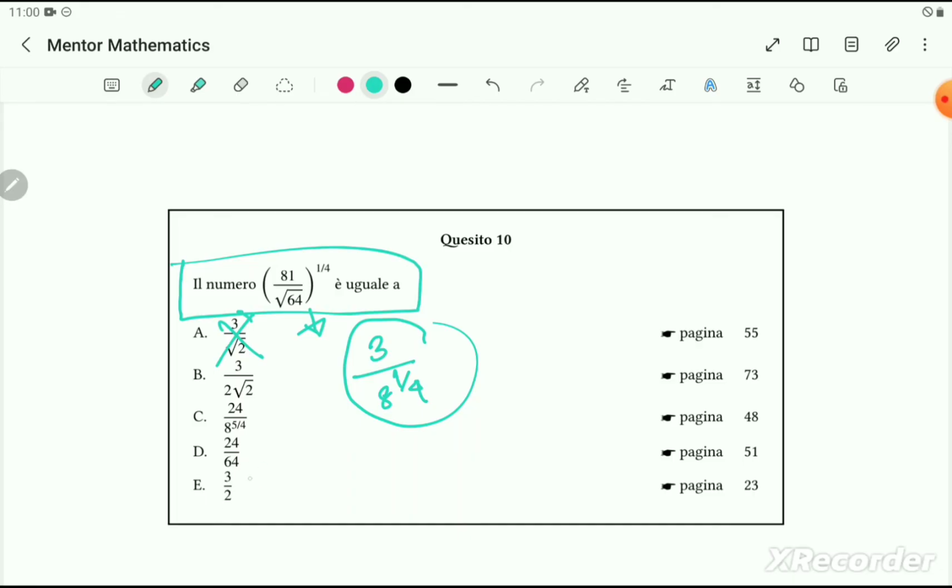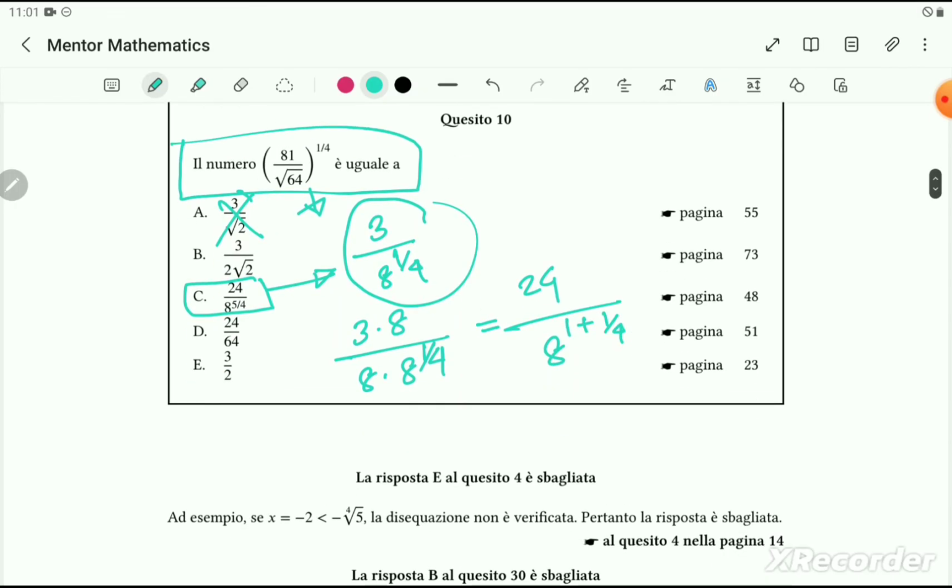Okay, this problem seems similar to this, because if we multiply 8, then it becomes like this, 24, and at the bottom we can write 1 plus 1 by 4. So it becomes 24 over 8, 4 and 5. So our answer is C.